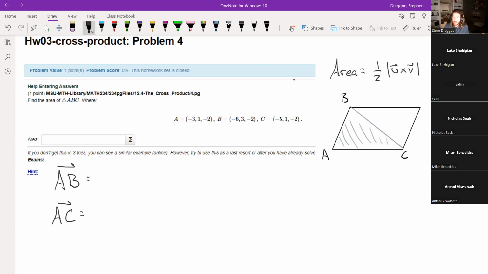So if I want to figure out what those are, this is just the final point minus the initial point. So I want B minus A. So this becomes -6 minus -3 for the X component, 3 minus 1 for the Y component, and -2 minus -2 for the Z component.